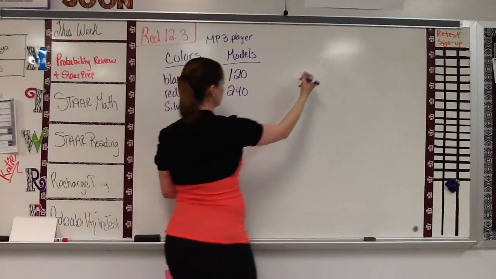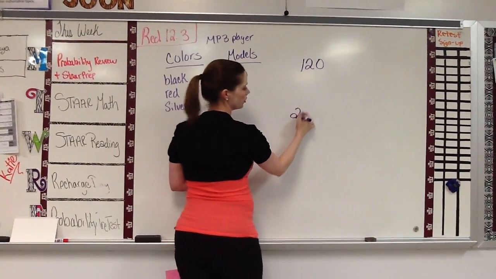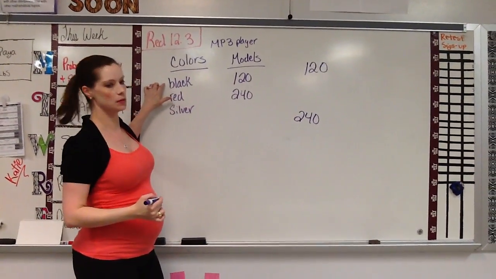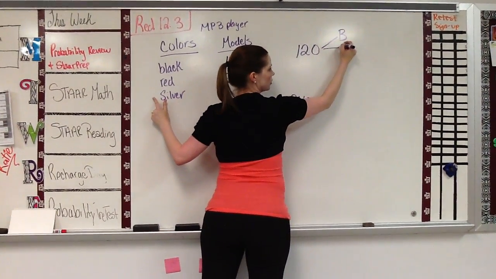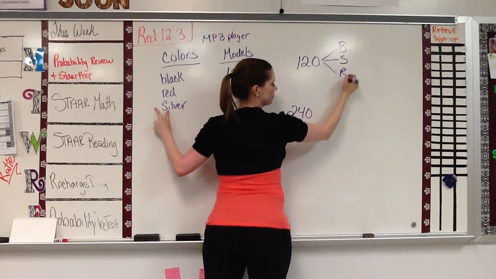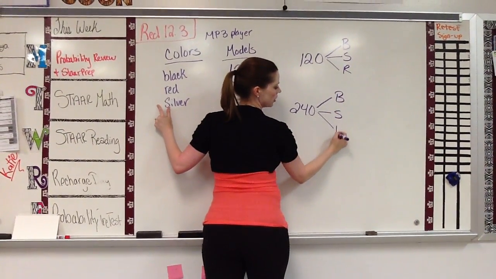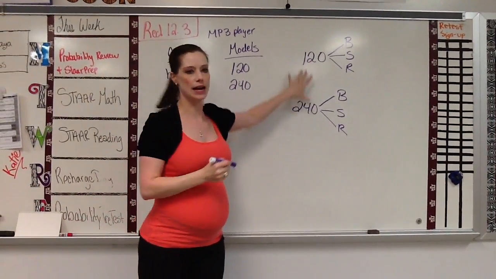Well, I can say she has the 120 model and the 240 model. And each one of those models is also available in each color. So we've got the black, the silver, and the red, and again the black, the silver, and the red. This is called a tree diagram.